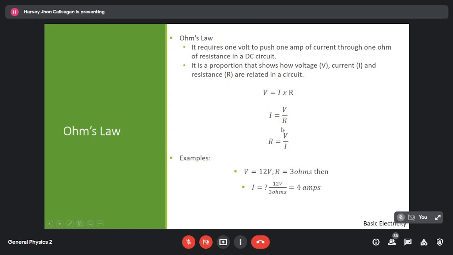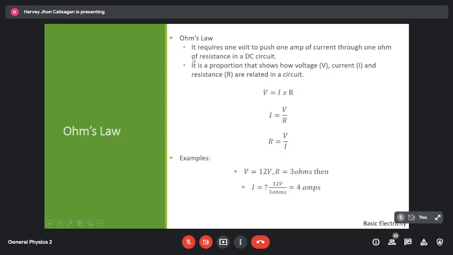And then to calculate the resistance, where the unit of ohms is located, we have R is equal to V divided by I, or voltage divided by the current. So for the voltage, we have the unit of volts. For the current, we have the unit of ampere. And for the resistance, we have the unit of ohms.